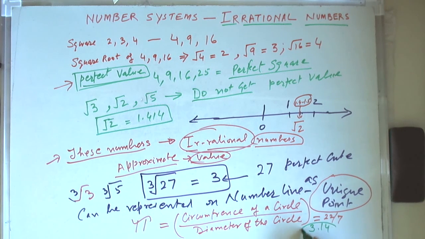But neither 22/7 nor 3.14 is the perfect value of pi.